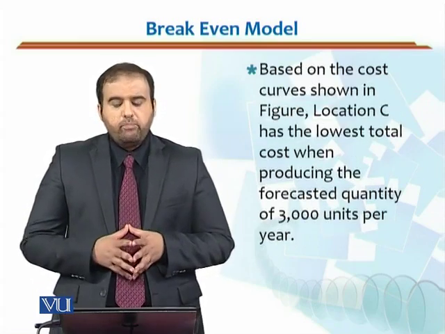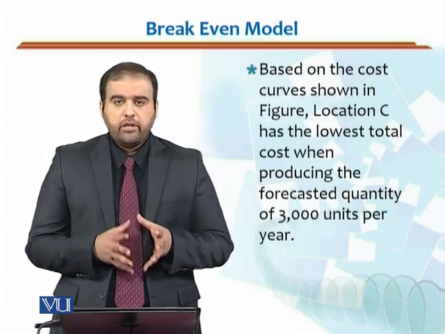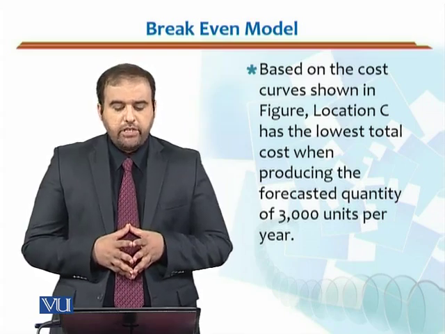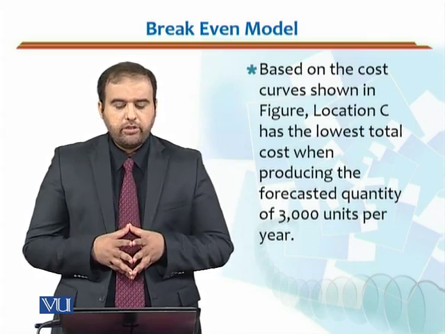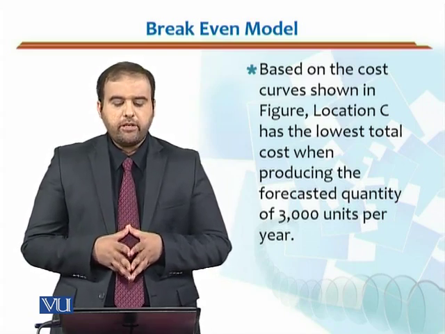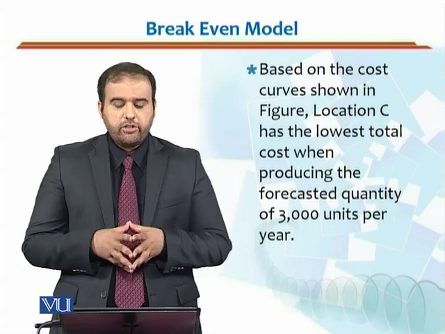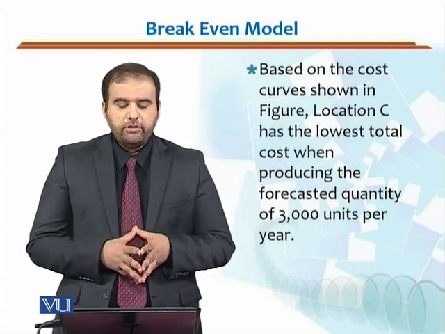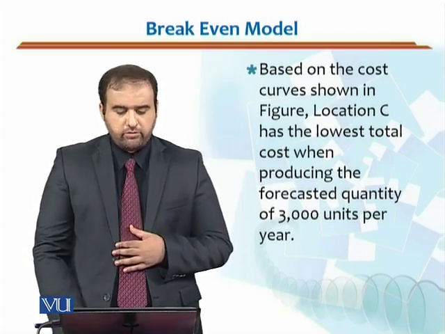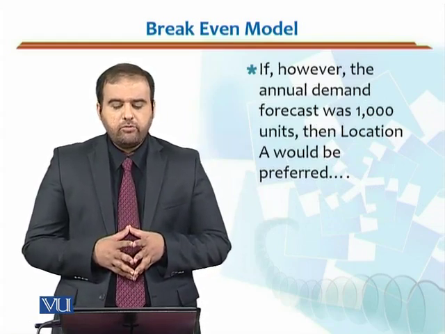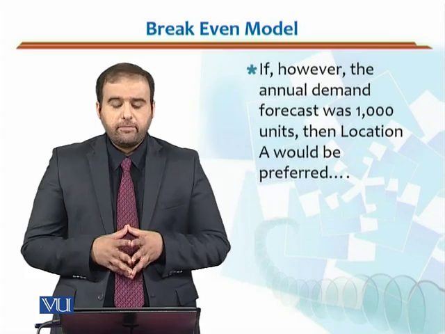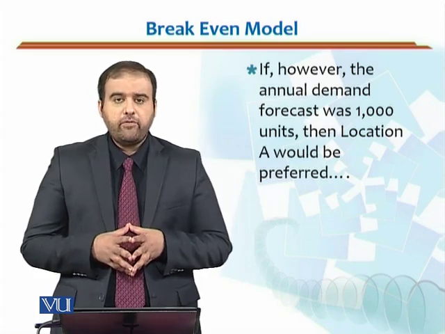So, based on the cost curves shown in that figure, location C has the lowest total cost when producing the forecasted quantity of 3000 units per year. So, location C would be the option which would be better for 3000 units. If, however, the annual demand forecast was 1000 units, then location A would be preferred.